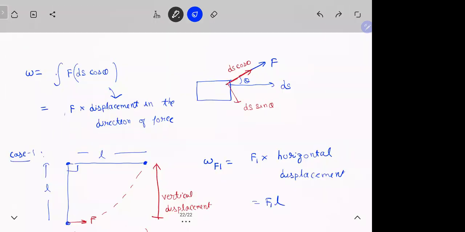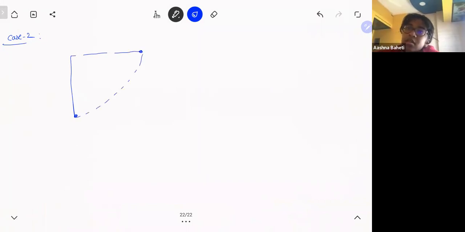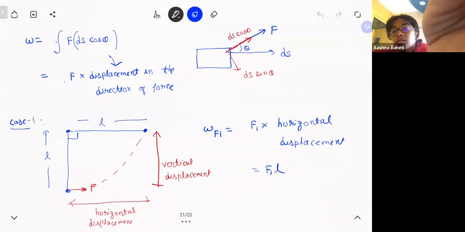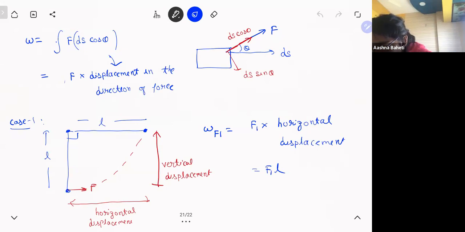Next one, see. Case 2. So case 2, how is the force?